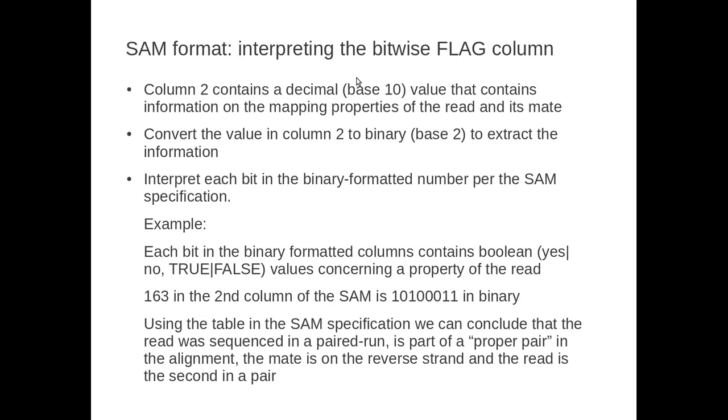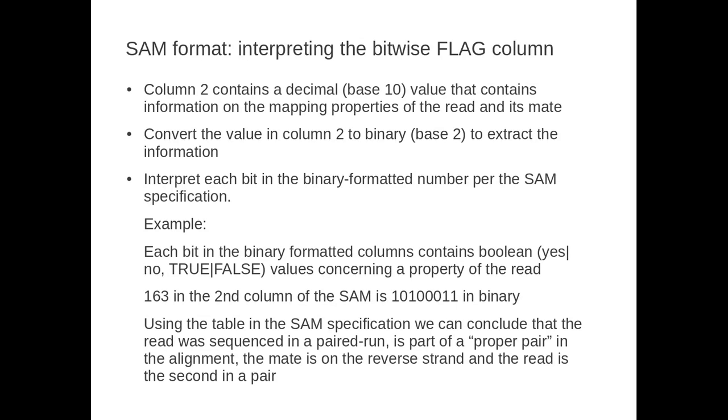We have a base 10 formatted number. That's the typical numeral system that we work with on a day-to-day basis, but computers work on binary. There are two reasons why this binary system works so well. First of all, the overall principle is that these binary numbers contain important information about properties of individual reads.